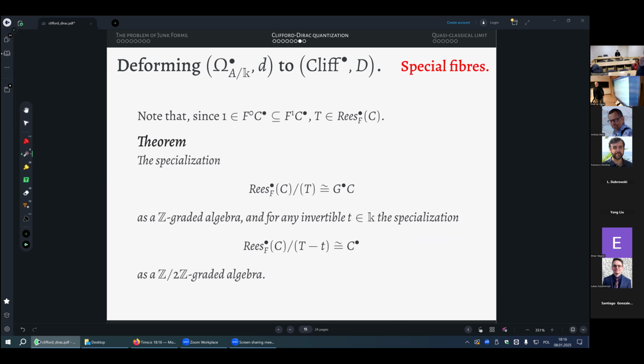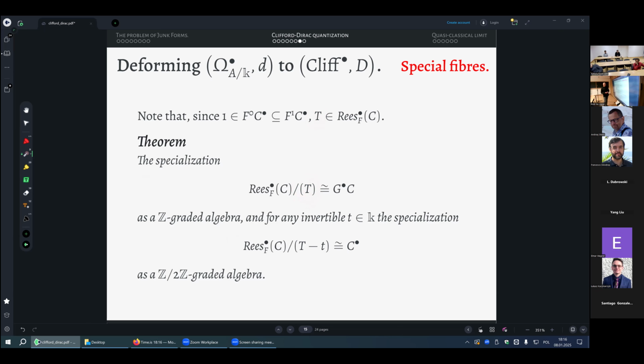Then we can consider specialization of this t, giving this variable t some value in the field K. For example, if we take the value t equal to 0, which means that we divide by the ideal generated by the element t, we obtain the associated graded algebra of this Z2 graded filtered algebra.